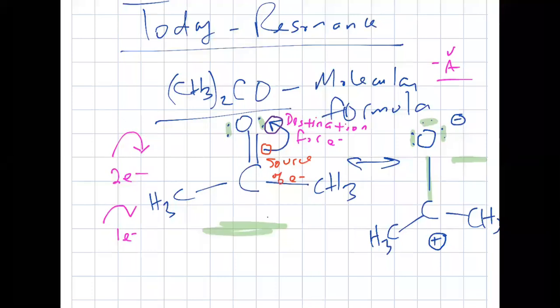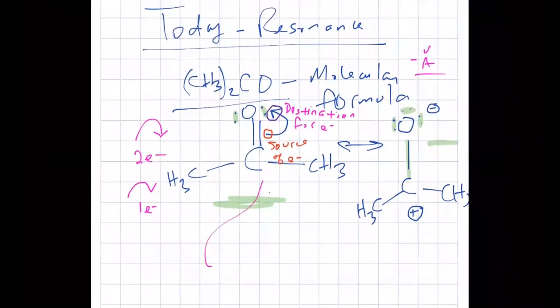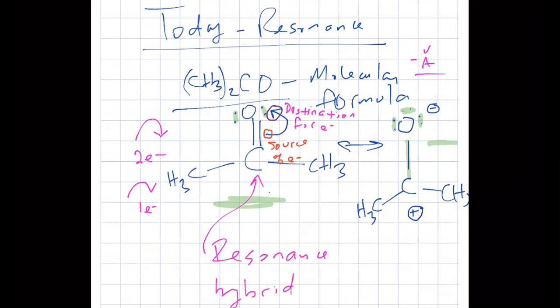So what this structure right here is what we call a resonance hybrid. It's like an average of all of the different forms that are possible for that molecule.